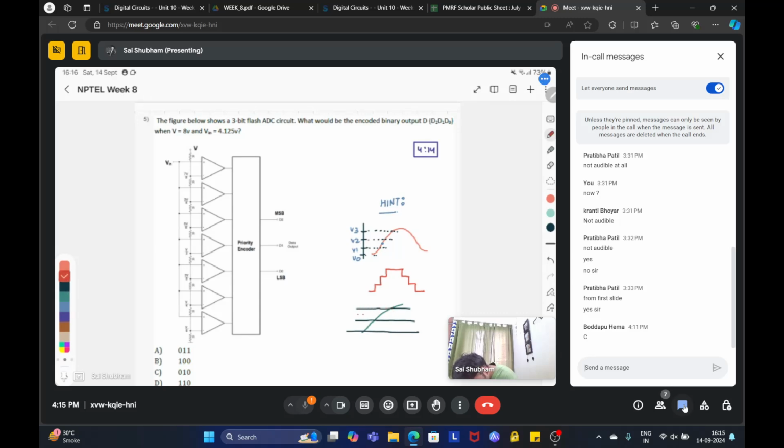So this is the midline. So your new signal will be like this. Okay. Quantization.